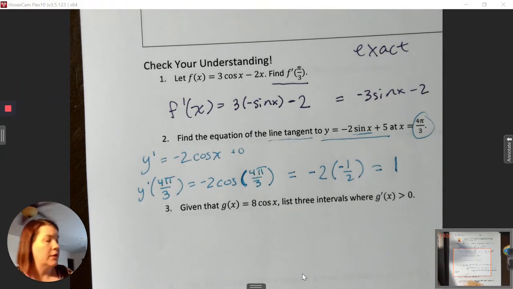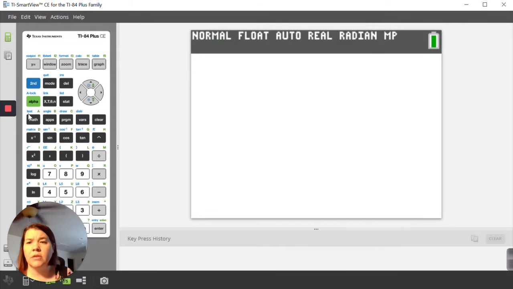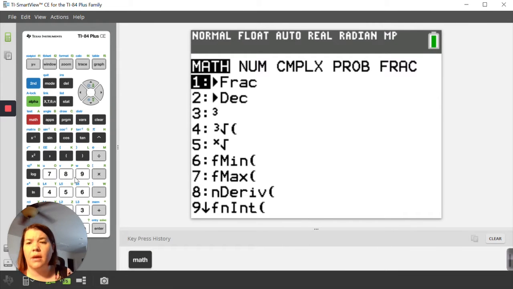That one I'm going to go ahead and check on my calculator. I'm going to use the computer calculator just to check and make sure I'm not full of nonsense. So I'm going to map 8x.